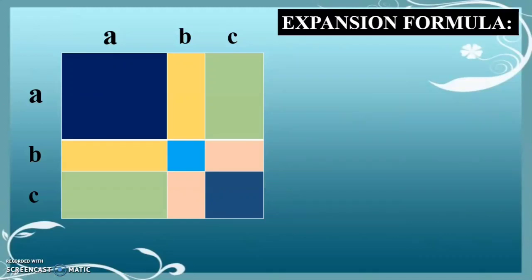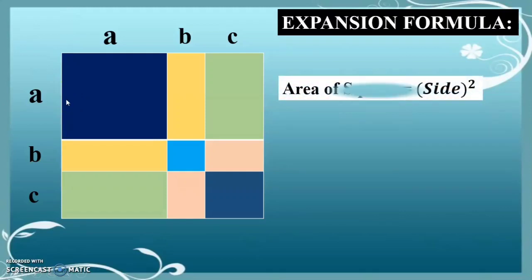Now we have got this square whose one side is equal to a. So by using the area of a square formula, which is equal to side square, we will get a square. Then we have one more square whose side is b.